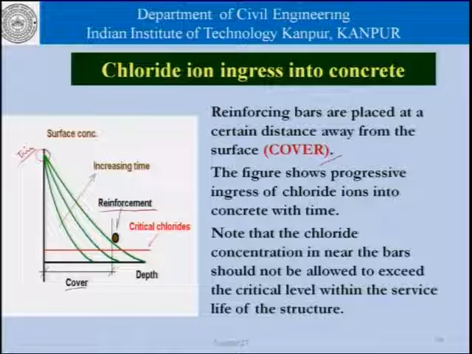And what this figure is showing is the progressive ingress of chloride ions into concrete with time. That is, to begin with, maybe there were no chlorides inside, and we could almost draw a straight line like this, that there are no chlorides inside, except that the thin surface layer has a certain amount of chloride.